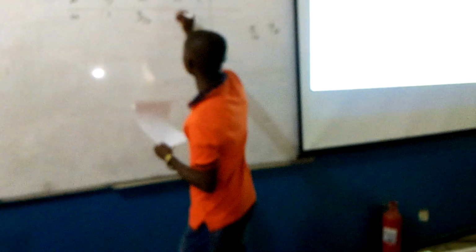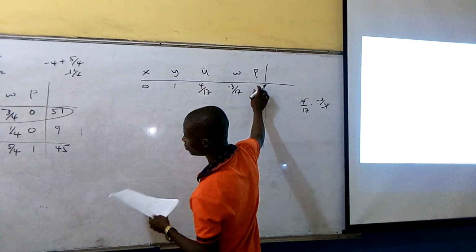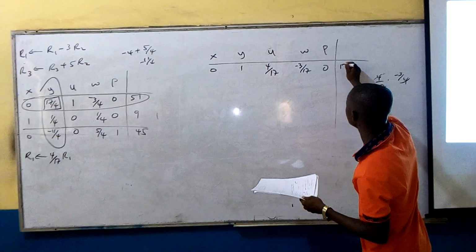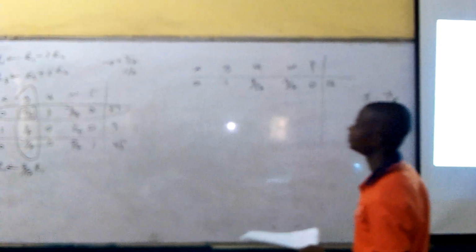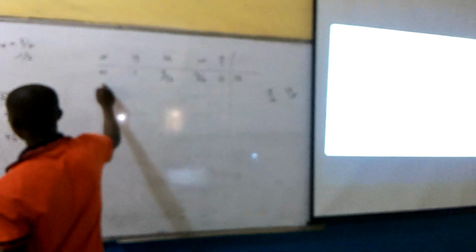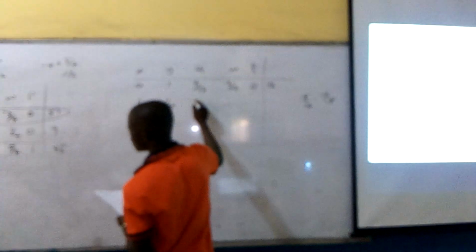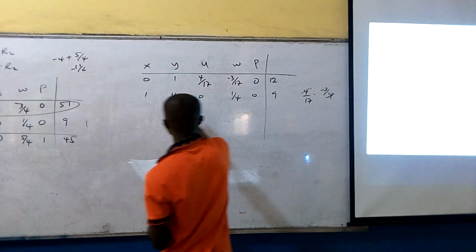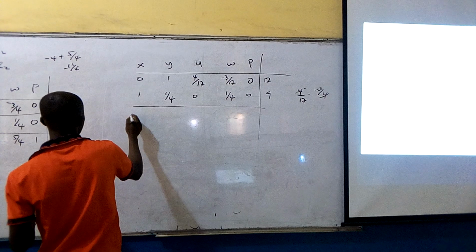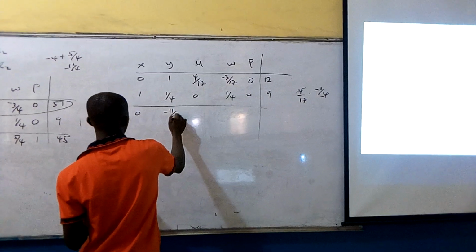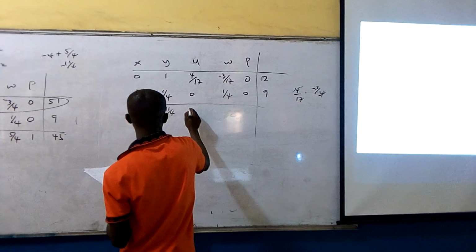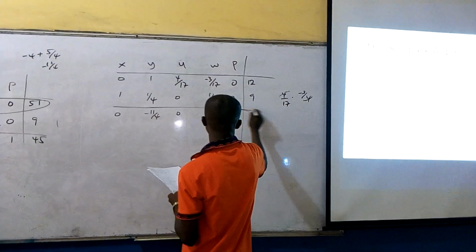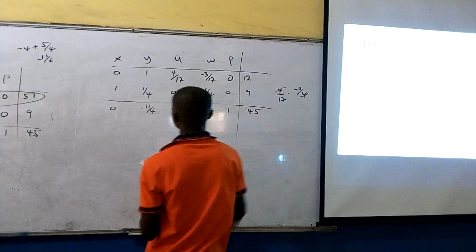That's negative 3 over 17. This one is 0. Then what about this one? This is 12. Then you have 1 over 4, 0, 1 over 4, 0, and 9. Then the last row, 0, negative 11 over 4, then 0, 5 over 4, 1, 45.